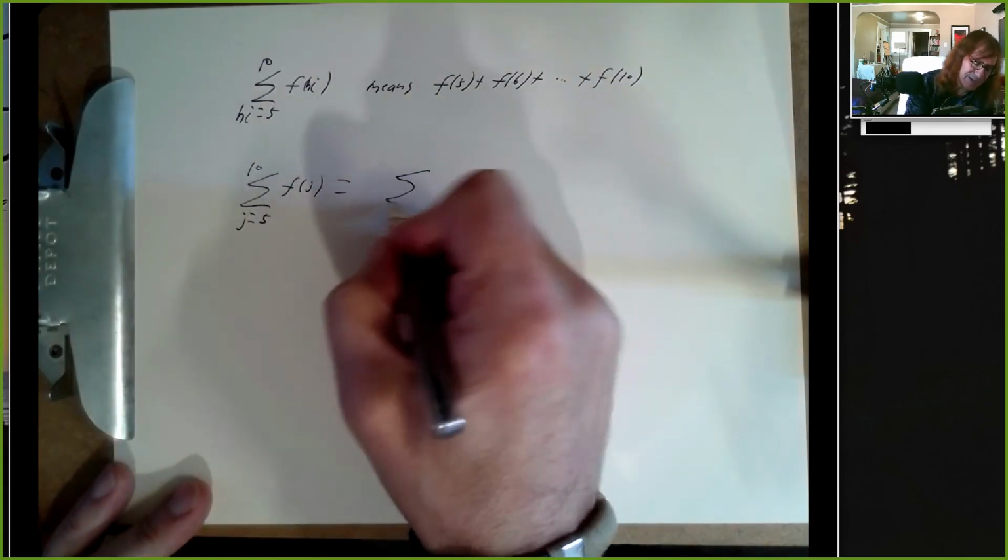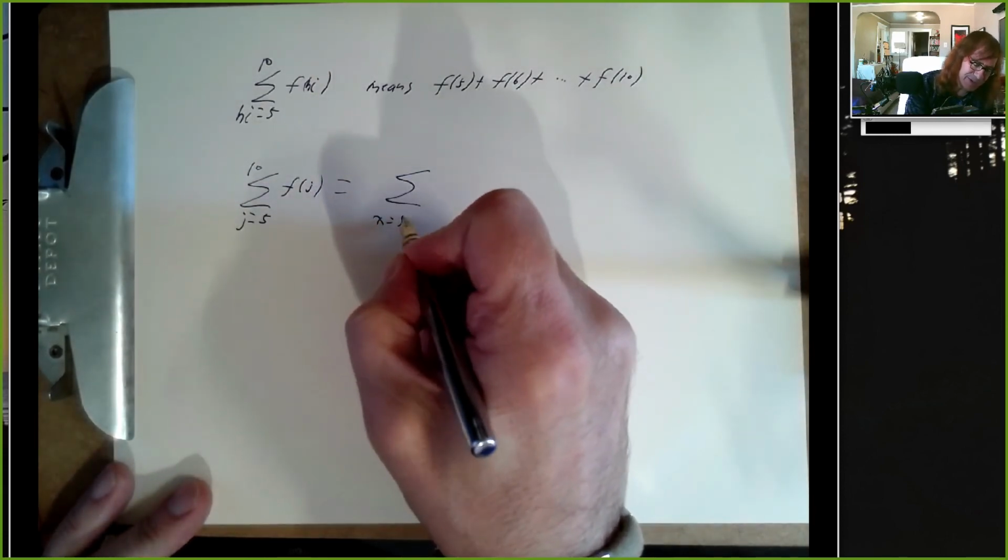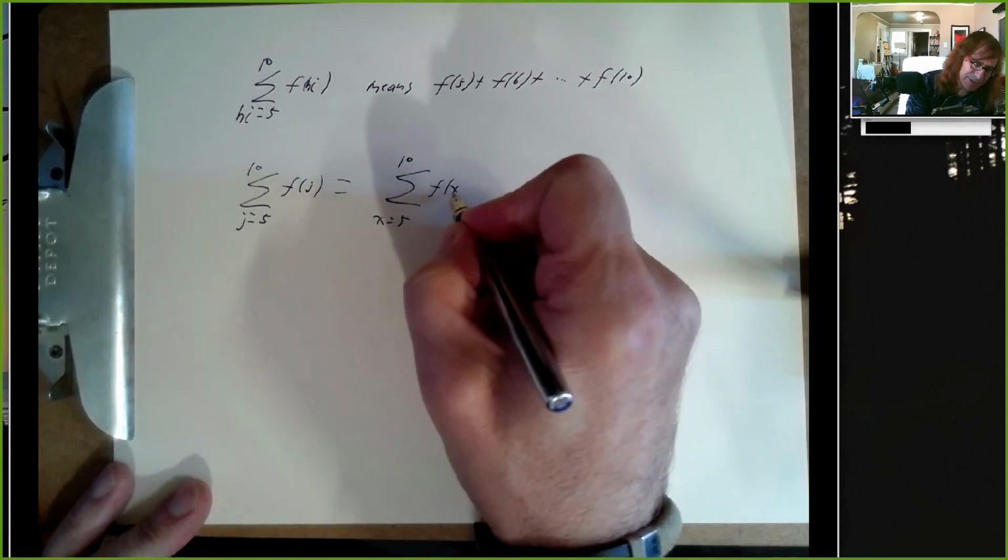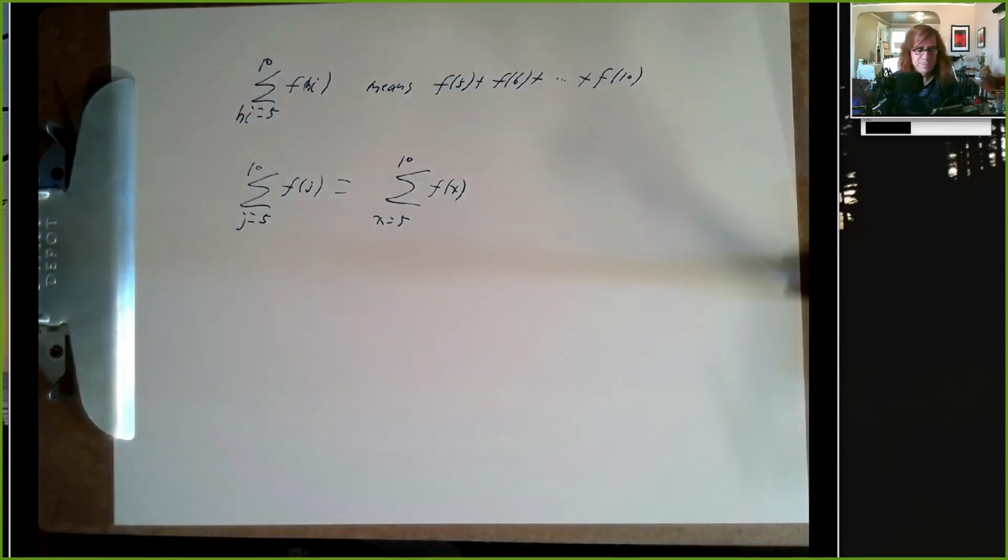That's exactly the same as a sum for x equals 5 to 10 of f of x. All right, so that's an interchangeable symbol. Just like in a for loop, the variable we use is pretty much irrelevant as long as we use that same variable inside the loop. We could globally change it from i to j to k to anything, and we'll still get the same result.